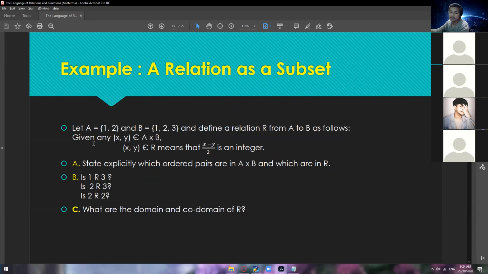So we have set A containing the elements 1, 2, set B containing the elements 1, 2, 3, and define a relation R from A to B as follows. So take note, this is one of the keywords that we use, from A to B. So meaning our A is the x or the domain, and then B is the codomain.